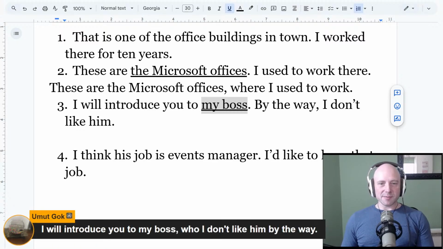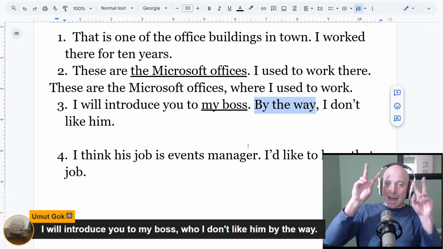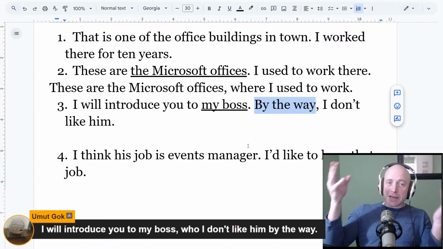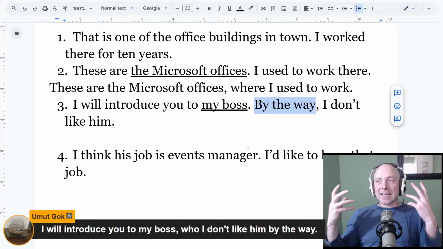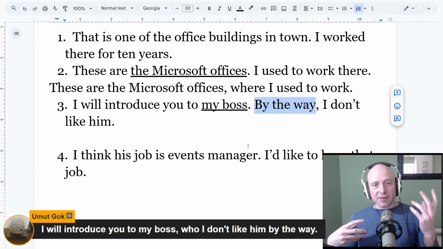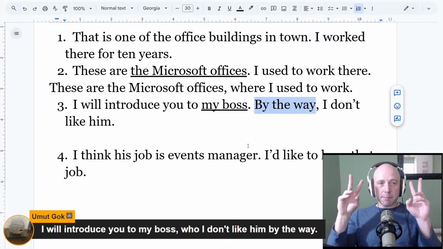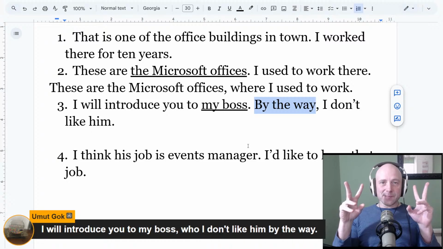That's good, Umut. However, we do not need to say, by the way, because when we use a non-defining relative clause, the by the way is implicit. Every kind of non-defining relative clause has by the way, right?